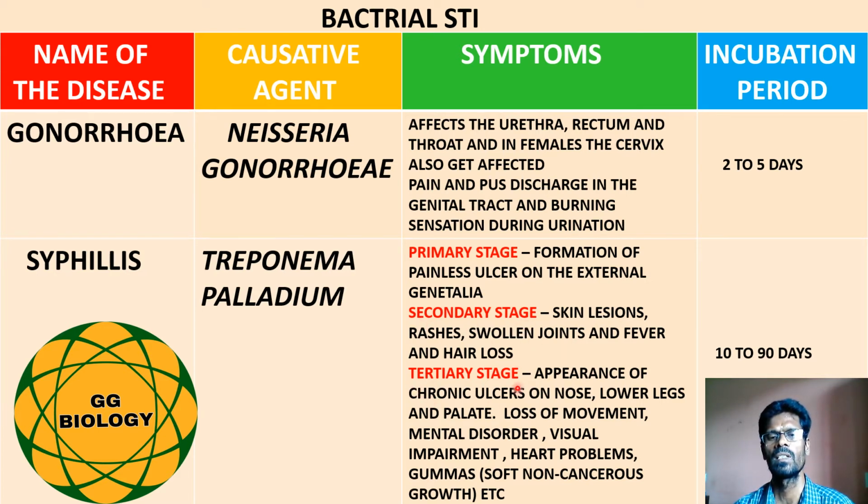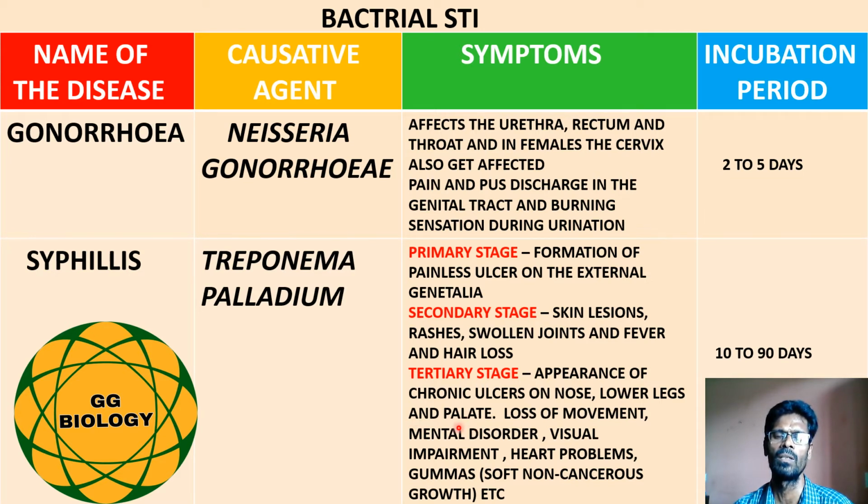And the tertiary stages are the appearance of chronic ulcers on the nose, lower legs and palate, loss of movement, mental disorder, visual impairment, heart problems, and gummas, which are nothing but soft and non-cancerous growths. So these are the tertiary stages. Chronic ulcers may form internally in the nostrils, as well as on the lower legs and palate.